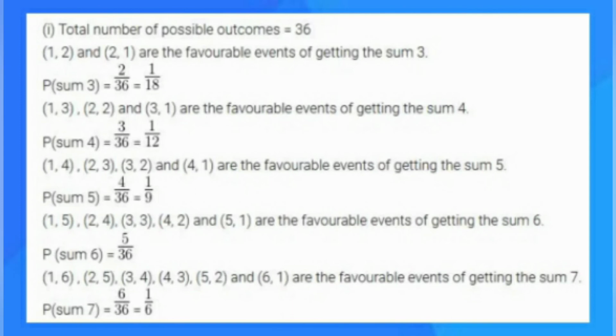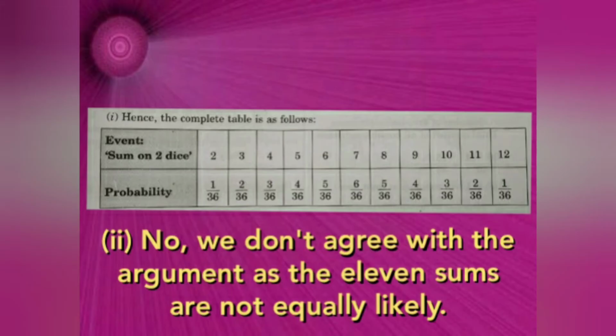Then totally 5, 5 divided by 36. Proceed like this and complete the table. Then you will get the answer 1 by 36, 2 by 36, 3 by 36, 4 by 36, 5 by 36, 6 by 36, 5 by 36, 4 by 36, 3 by 36, 2 by 36 and 1 by 36.